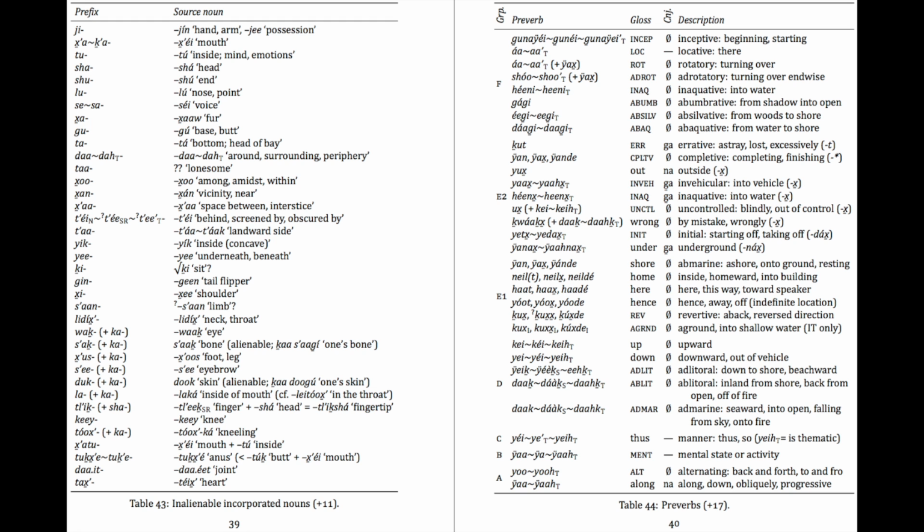What's interesting about these is that they are what we call incorporates or preverbs, and these pop up inside verb phrases. The types of things that pop up in verb phrases are these relational nouns that we've been looking at, and also body parts. These two things pop up into verbs, and they occupy a space.